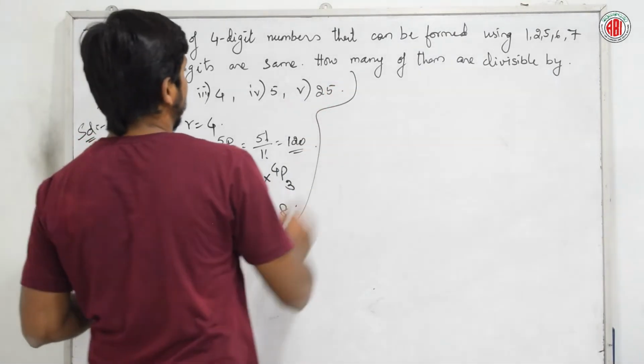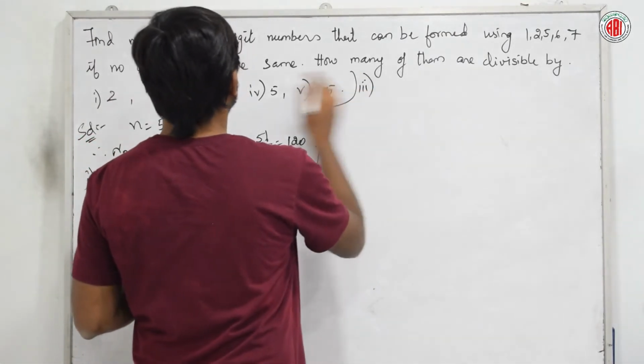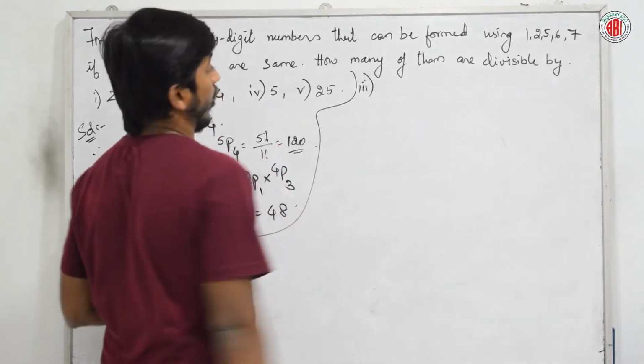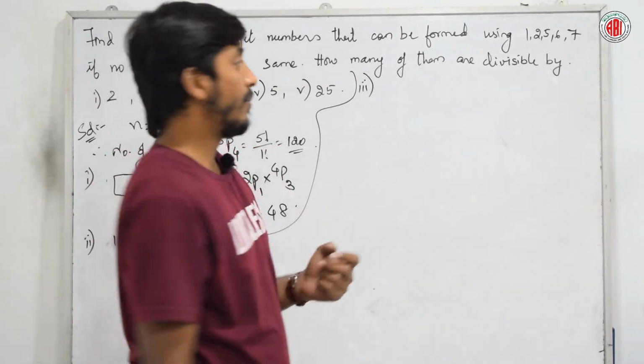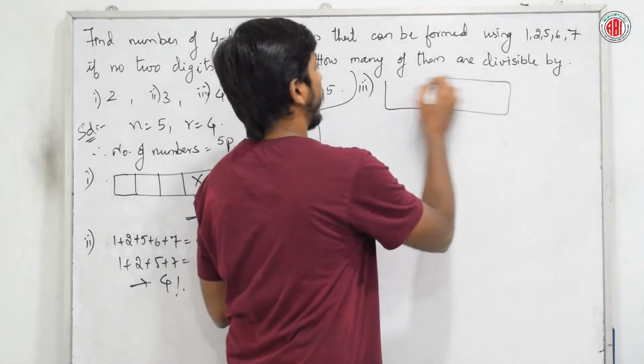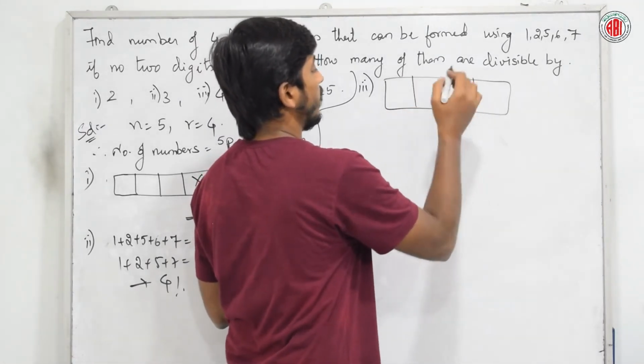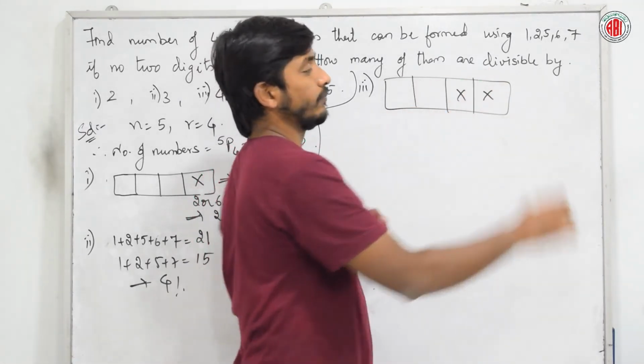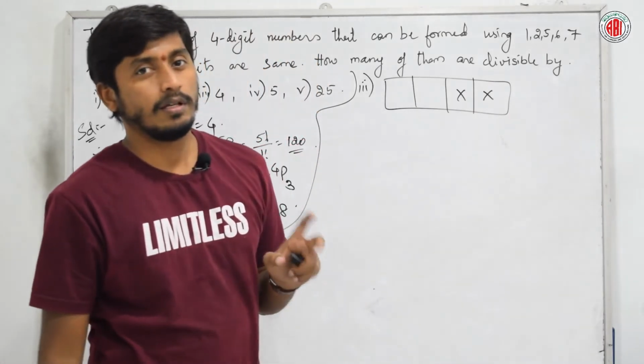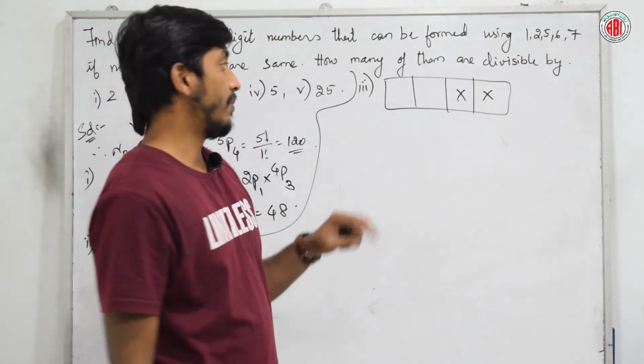These things will be easy if you understand. Third, divisible by 4. How do we know that a given number is divisible by 4? The last 2 digits should form a number divisible by 4.